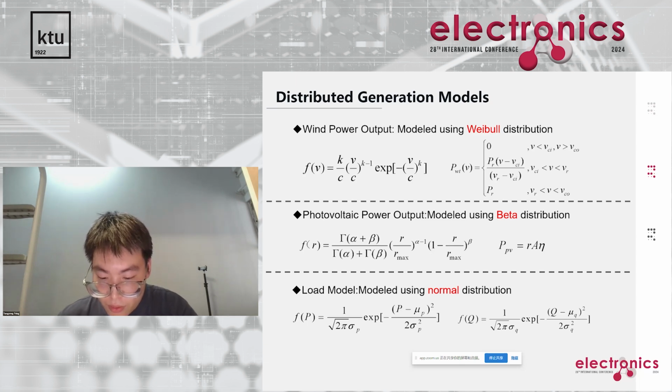For photovoltaic output, we use the beta distribution. Finally, for the load model, we use a normal distribution to model the volatility of the load.